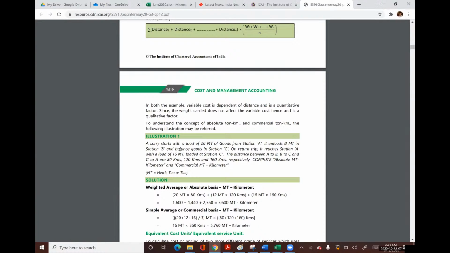So 20 metric tons into 80 kilometers is the metric ton kilometer. Similarly, from B to C, they carry the balance goods, 8 metric tons. Yeah, so my bad. Did I calculate it correct? Fair enough. How did we calculate?